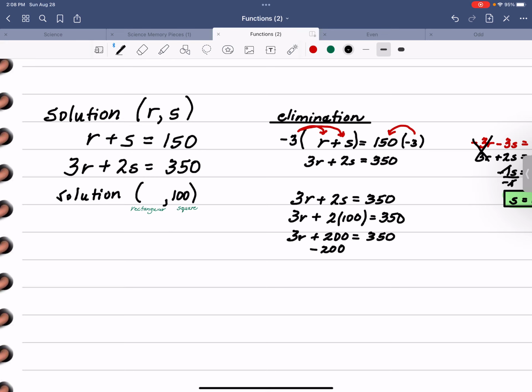Move the 200. You see why we want you to have very good equation skills, because we have to solve these and we don't really have time to get bogged down in the solution. So r is 50.